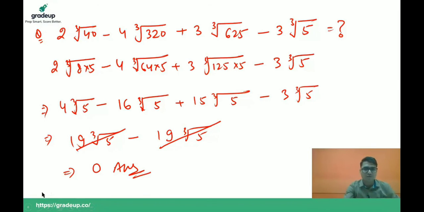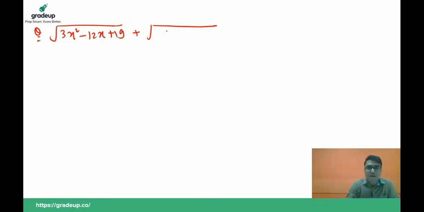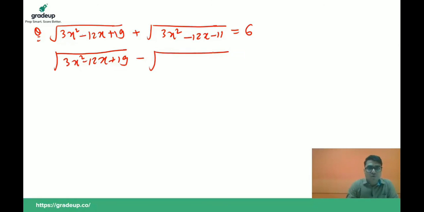Okay, now the question is, if you have under root 3x square minus 12x plus 19 plus under root 3x square minus 12x minus 11 is equal to 6, and you have to find the value of under root 3x square minus 12x plus 19 minus under root 3x square minus 12x minus 11.